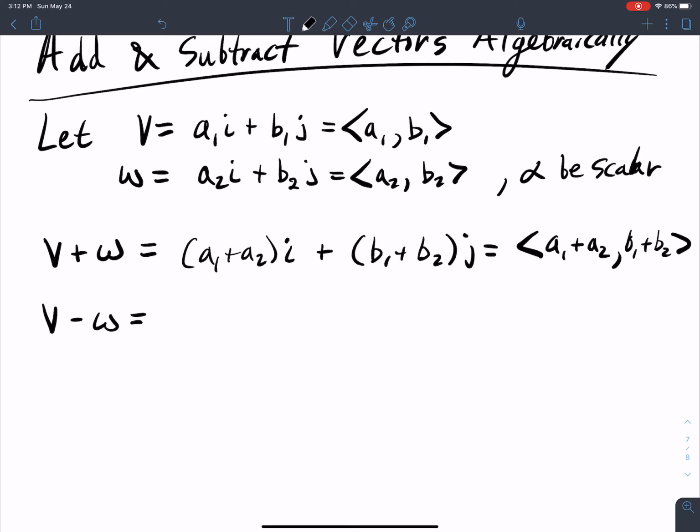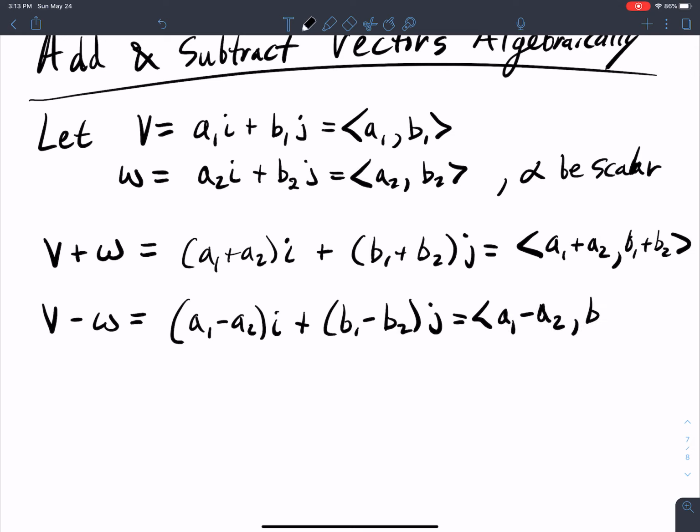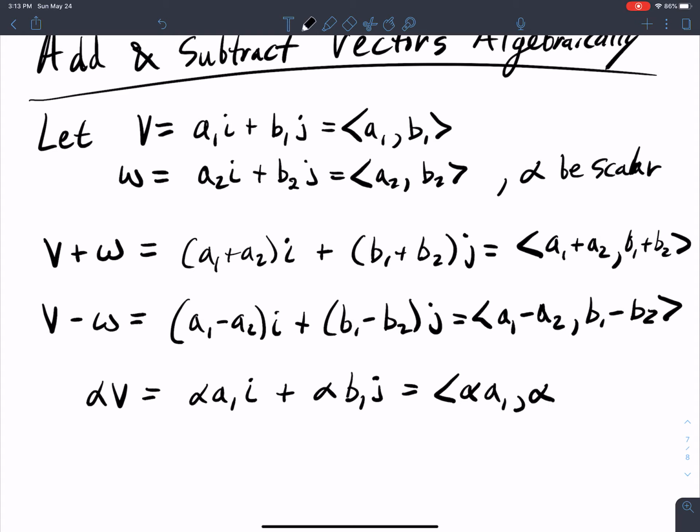V minus W is (a1 minus a2) i plus (b1 minus b2) j, which equals (a1 minus a2, b1 minus b2). And then alpha V equals alpha a1 i plus alpha b1 j, which equals (alpha a1, alpha b1).